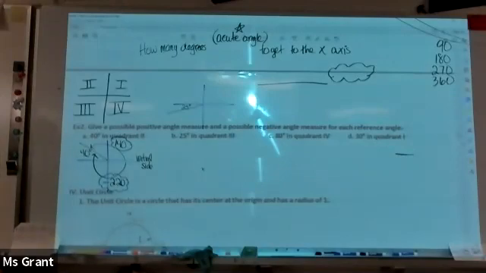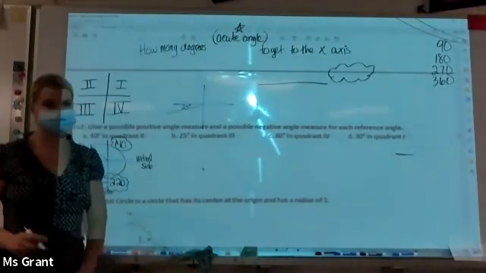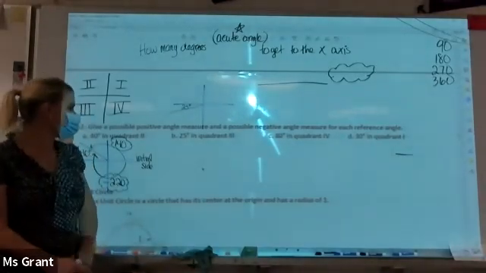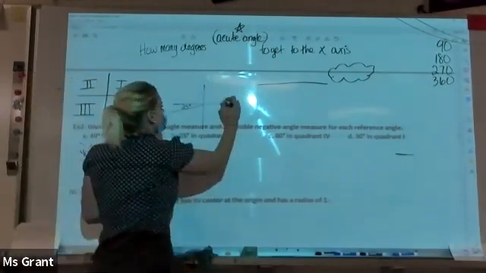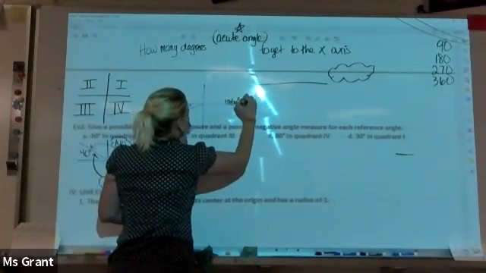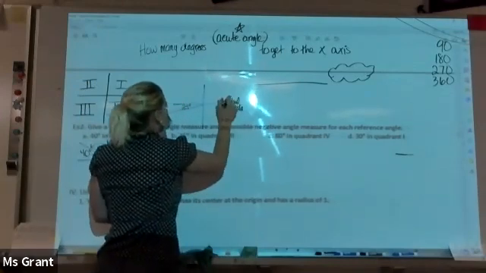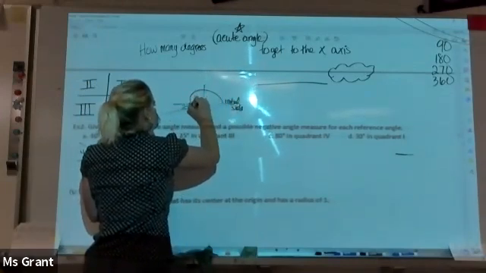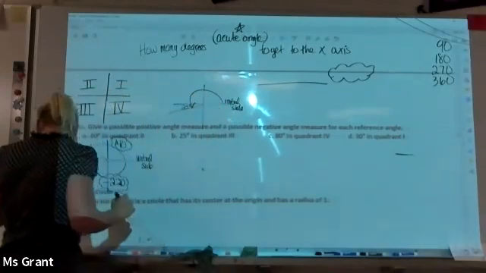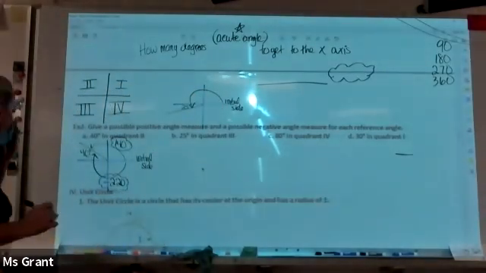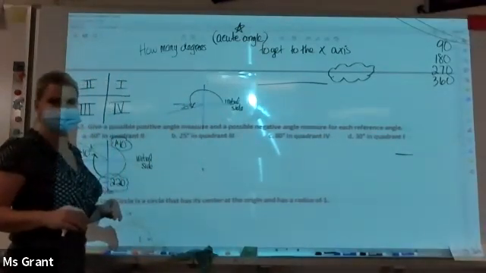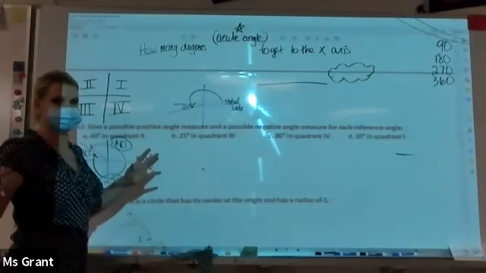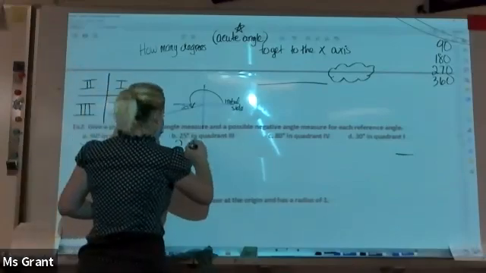I want to know what's the positive to get there and what's the negative to get there, starting from my initial side. There is positive what? 180 plus 25 more. 205 degrees.